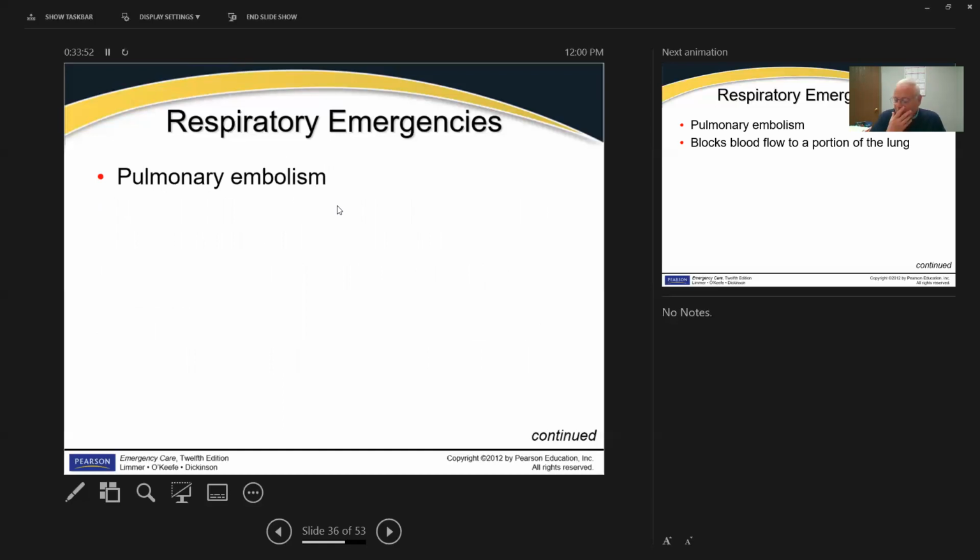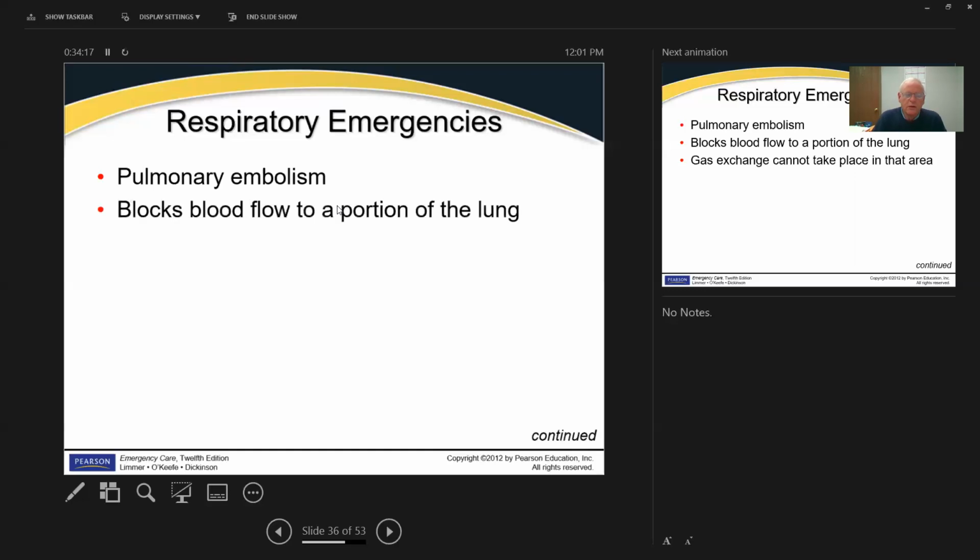Maybe they had blood clots in their legs, and they got sucked into a vein, and it goes back up into the right side of the heart, and then it gets pumped out into the lungs until it gets to a point where it sticks. The arterioles get smaller until boom, it just stops and plugs that up. So it's going to block blood flow to that portion of the lung that would be getting perfused past that point.